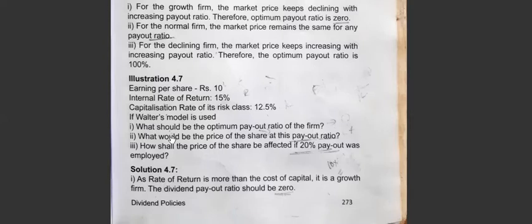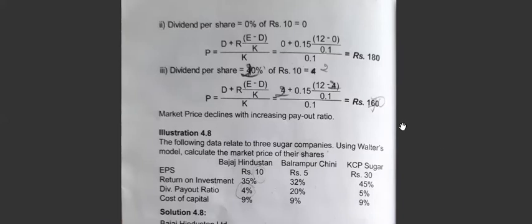So the answer for the first question is, as the rate of return is more than the cost of capital, it is a growth firm. So dividend payout should be 0. Next, what should be the price of the share at this payout? It means if they give 0 dividend, what should be the market price? Use Walter's model formula, take the dividend as 0 and take K and R same.